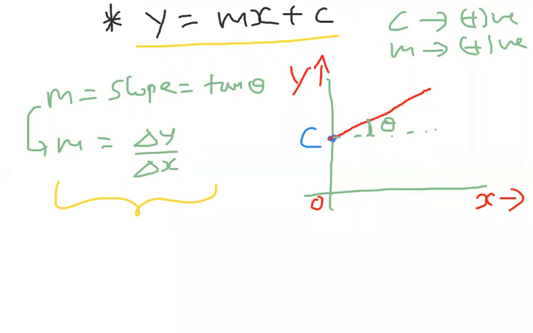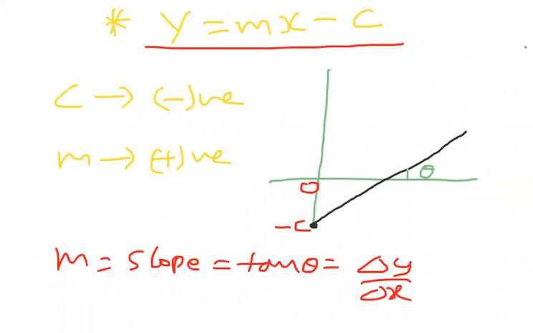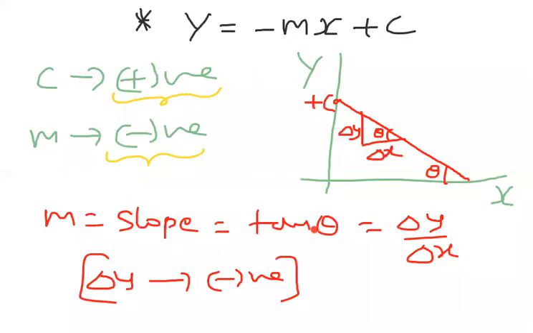Next, y equal to mx minus c means the intercept is negative, so we draw from the negative y-axis. We have drawn from here downward. The slope is positive, but the intercept is negative. Next we discussed y equal to minus mx plus c, where the slope is negative and c is positive.